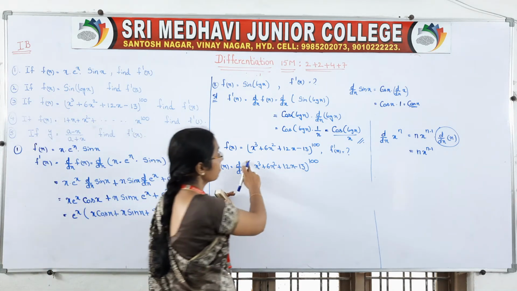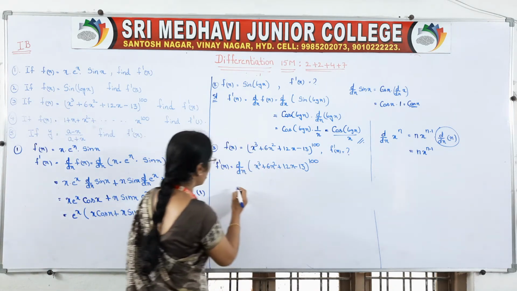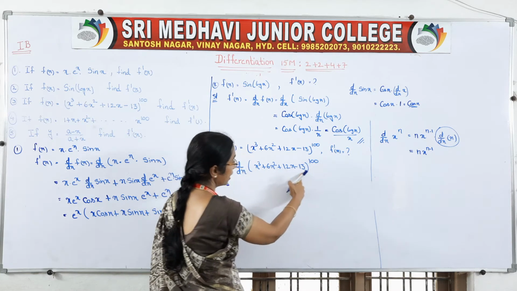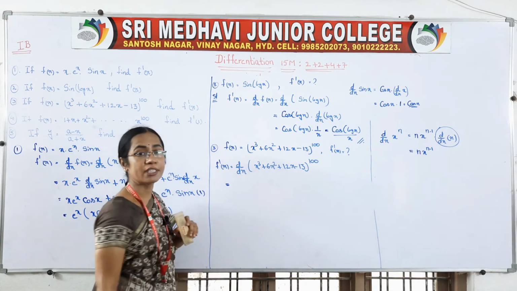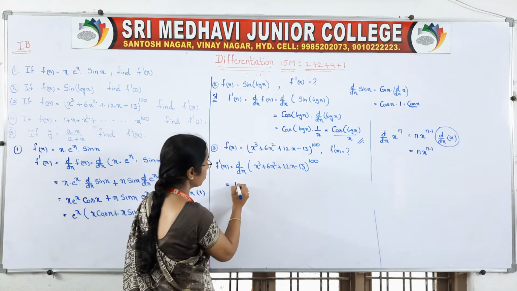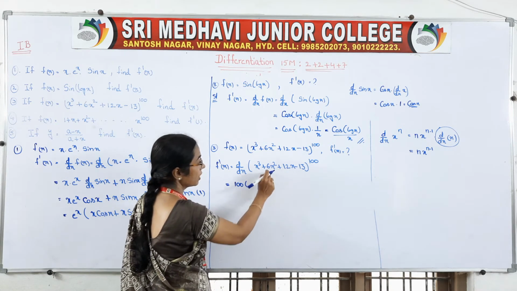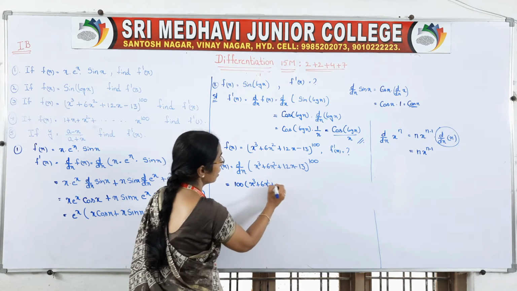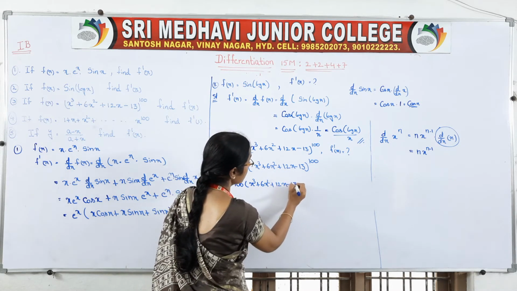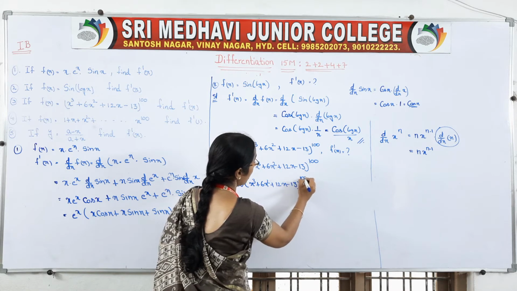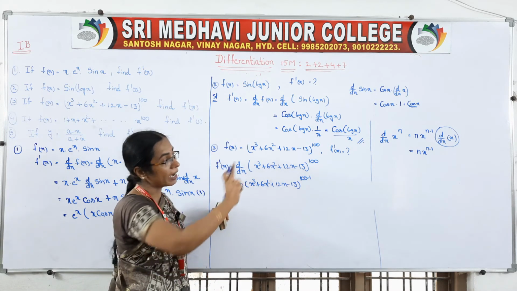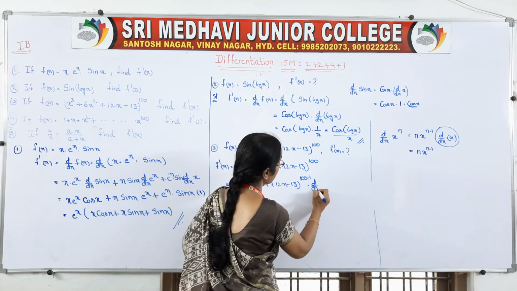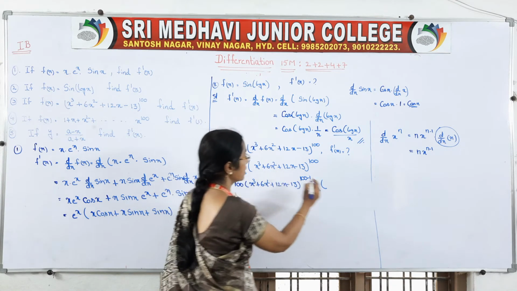Okay, so d by dx of this. So how we will write? In n place we are having 100. In x place we are having this value. So n into 100 into, this is the variable, (x cube plus 6x square plus 12x minus 13) to the power of 100 minus 1, n minus 1, into d by dx of the variable is this one.